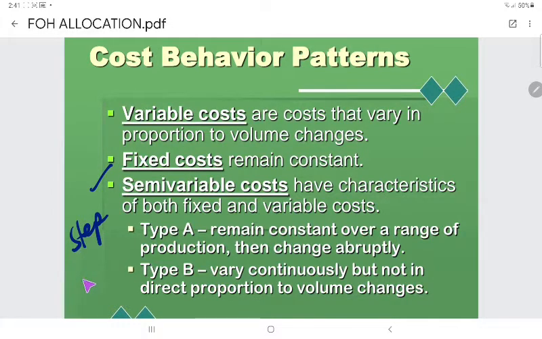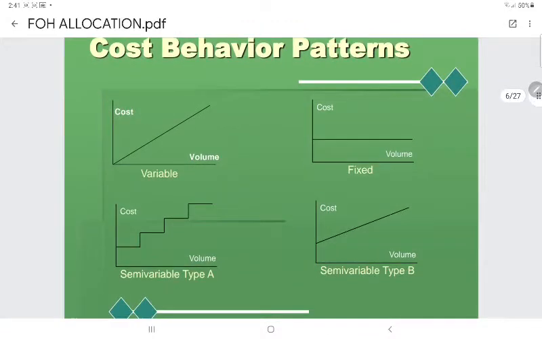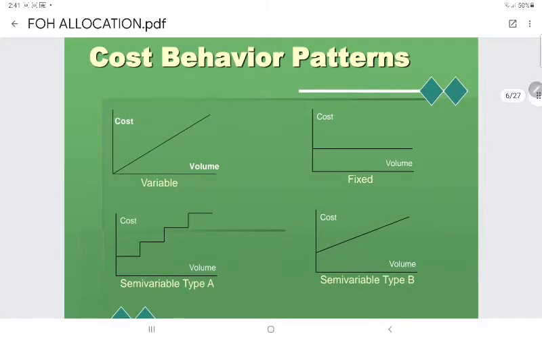And also your mix. So let's take a look at the graph. So in this graph, this will be your step, diba? Variable cost, and this will be your mix cost.